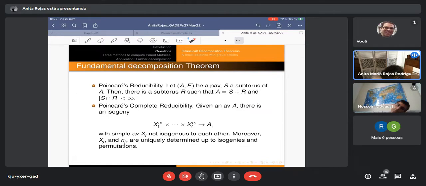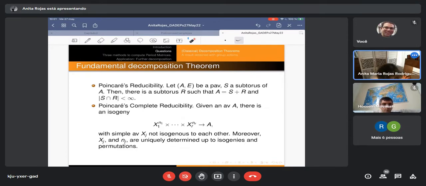And moreover, this decomposition is unique up to rearrangement and isogeny. So this is the fundamental theorem of decomposition in this theory. Those are the simple factors, and they are uniquely determined up to isogeny.